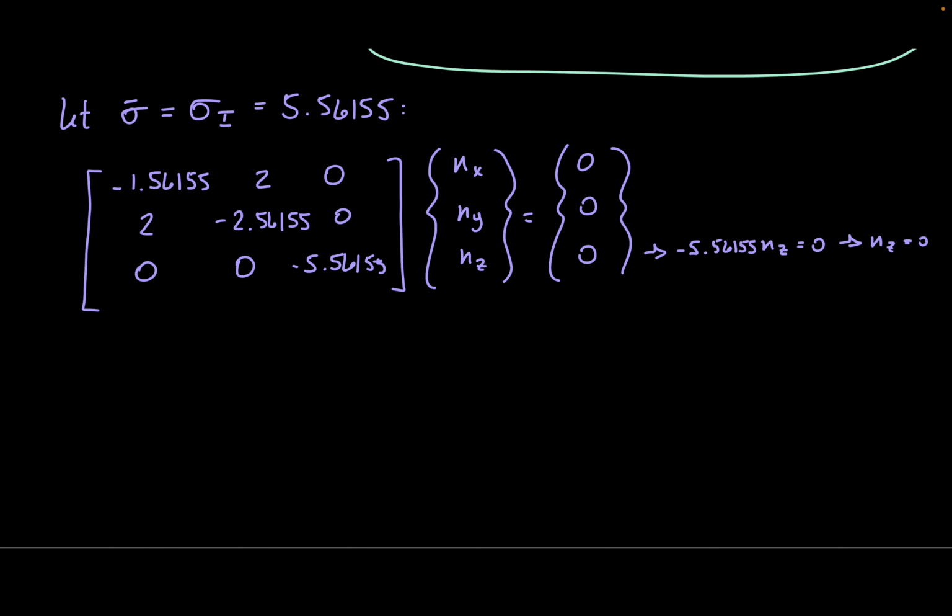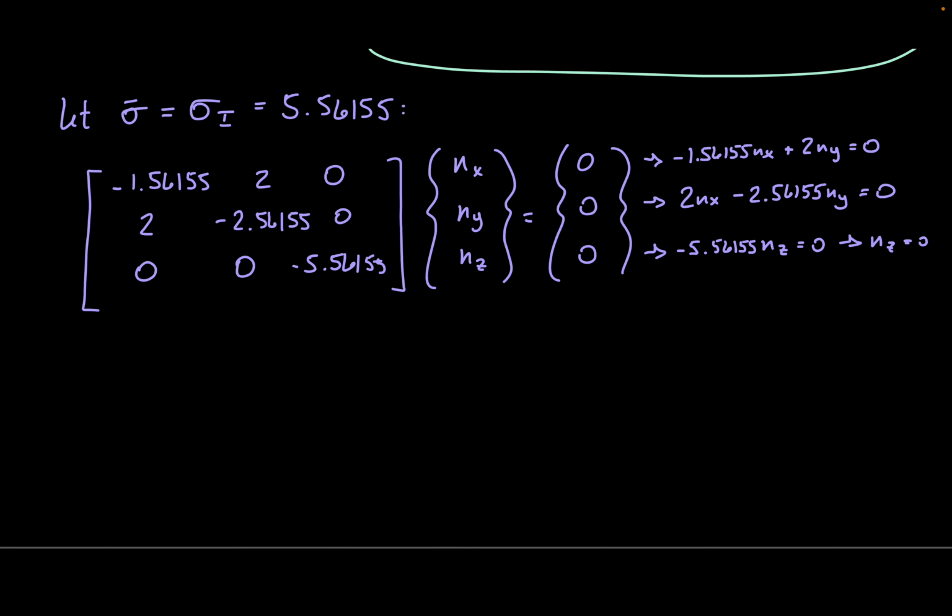Now for the next one, we essentially multiply across, and we get plus 2 n sub y, and that is going to be equal to 0. And we'll pretty much do the same thing for the other equations. So there's a lot of multiplying across with matrices. So we're going to get a lot of practice with that tonight.